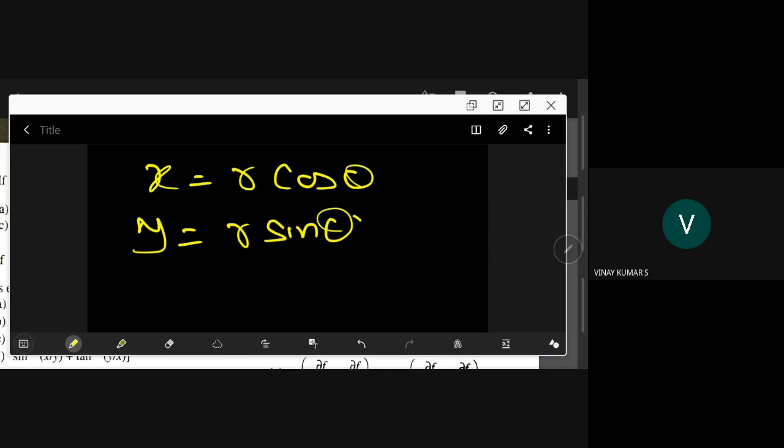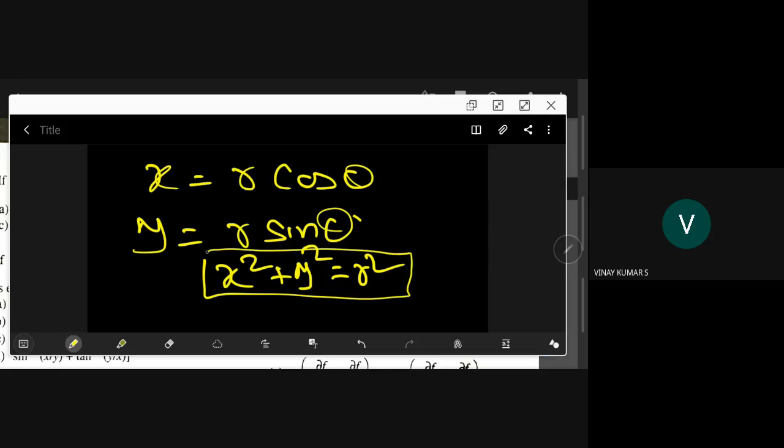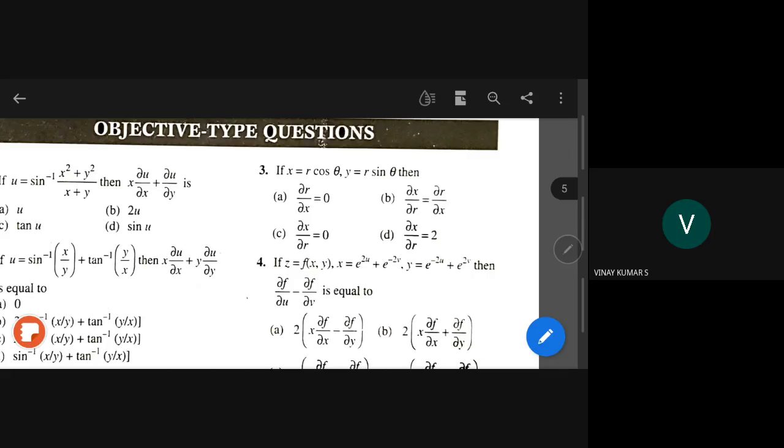Once this is known, see x square plus y square is equal to r square. This you can also easily see. Okay. Now what he is asking for, we need to check what is ∂r/∂x. Okay. What is ∂r/∂x and what is ∂x/∂r and ∂r/∂x. Okay, we'll see that.